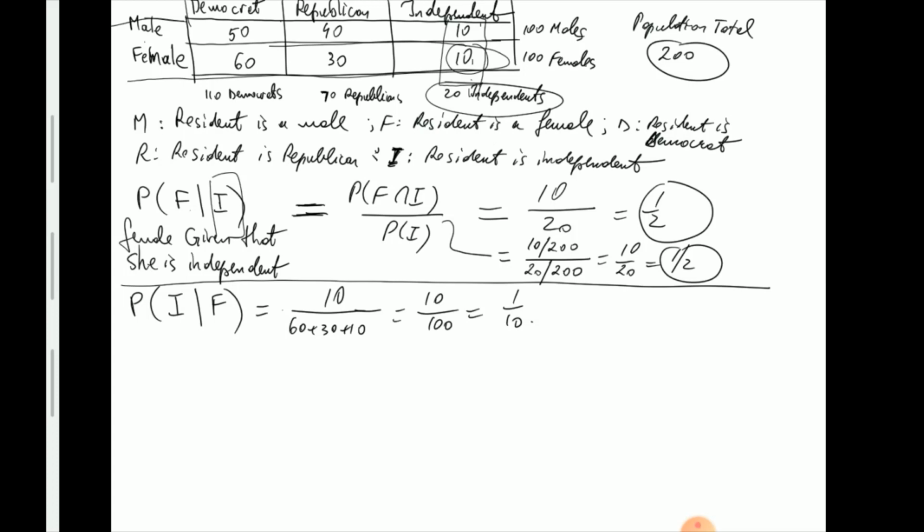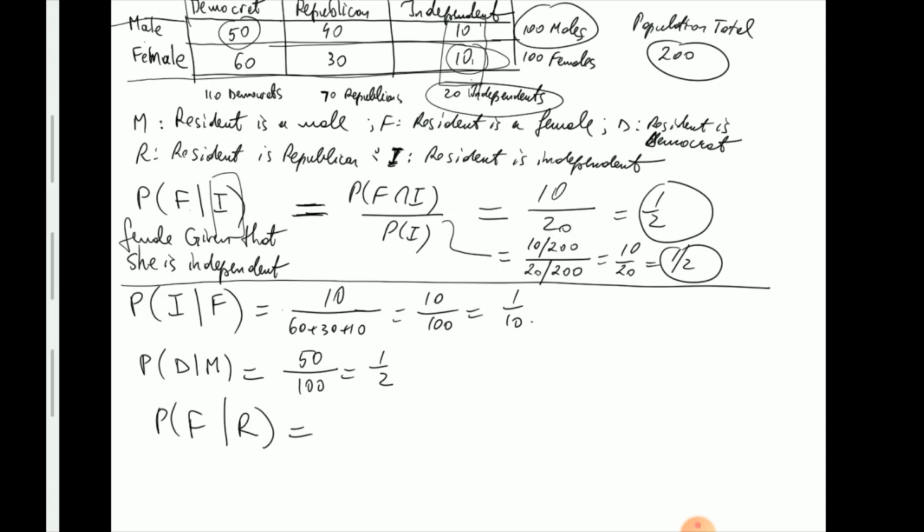What about the probability of a Democrat given a male? How many males in total? 100 males. So given a male, how many Democrats among the males? 50 Democrats. So it's going to be 1/2. What about the probability of a female given that she is Republican?